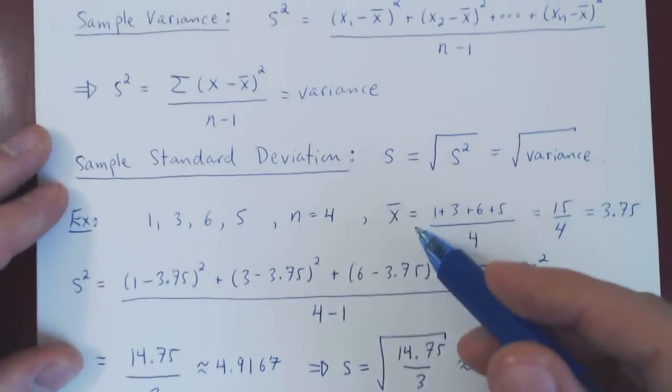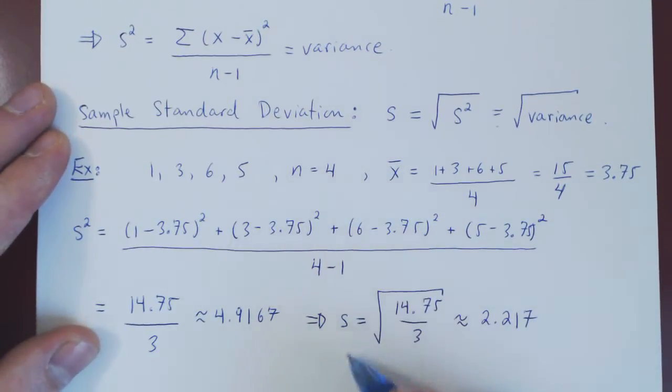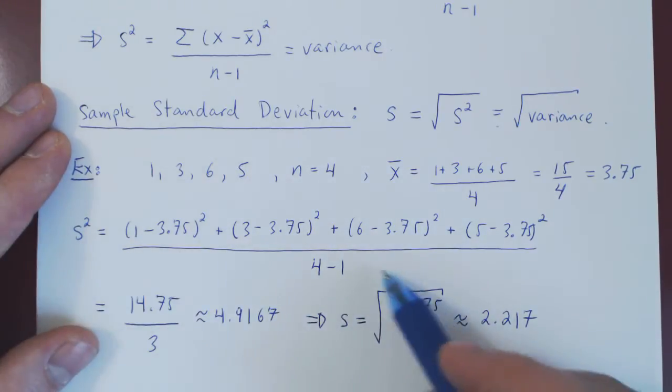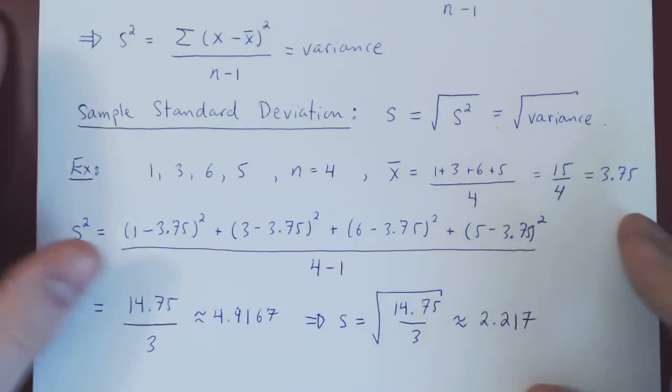Let's consider now, and before I move on, this really is the most important measure of variation: the sample variance with the sample standard deviation. Let's consider now our last measure of variation, which is a comparison between the sample deviation, so the standard deviation, and the sample mean.